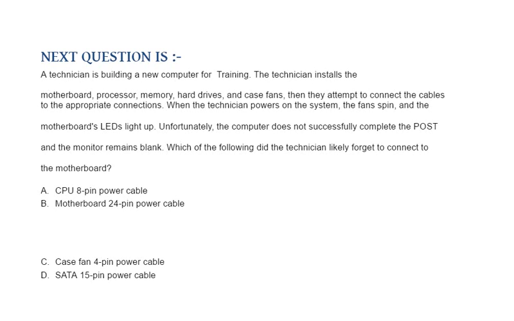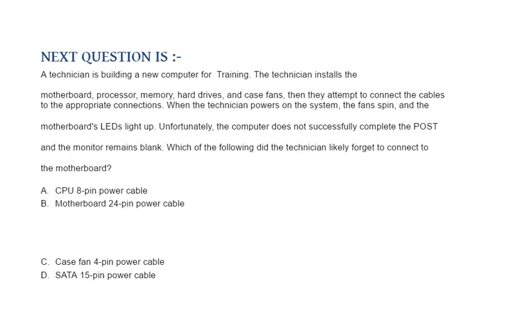Next question is, a technician is building a new computer for training. The technician installs the motherboard, processor, memory, hard drives, and case fans. Then they attempt to connect the cables to the appropriate connections. When the technician powers on the system, the fans spin and the motherboard's LED lights up. Unfortunately, the computer does not successfully complete the POST and the monitor remains blank.